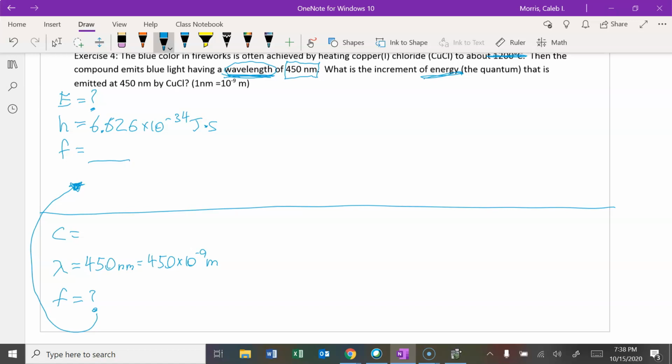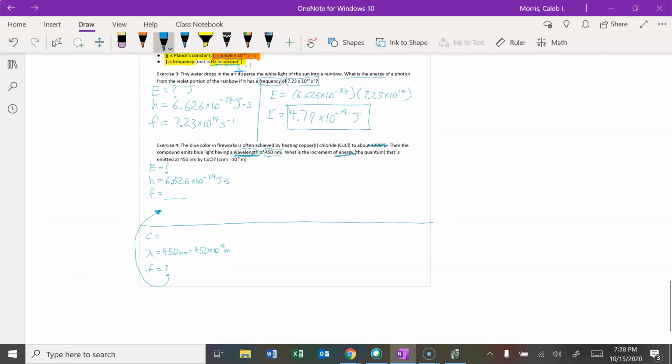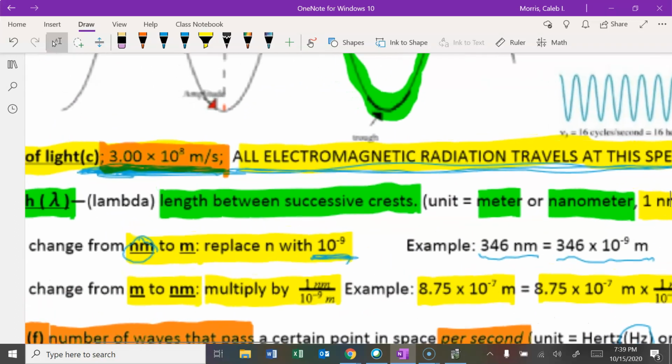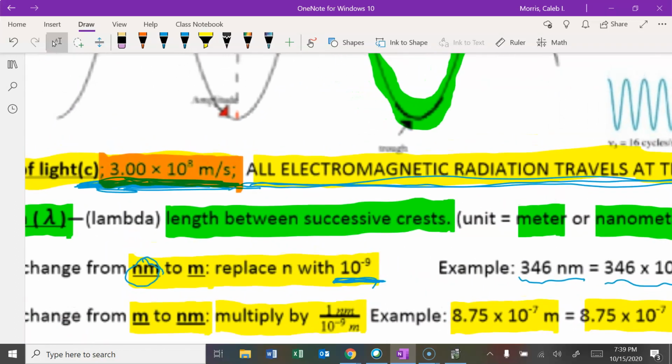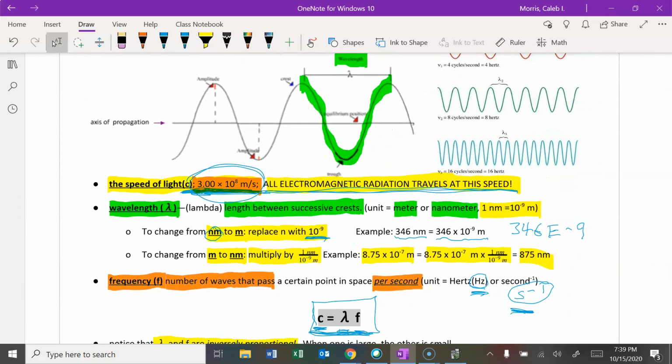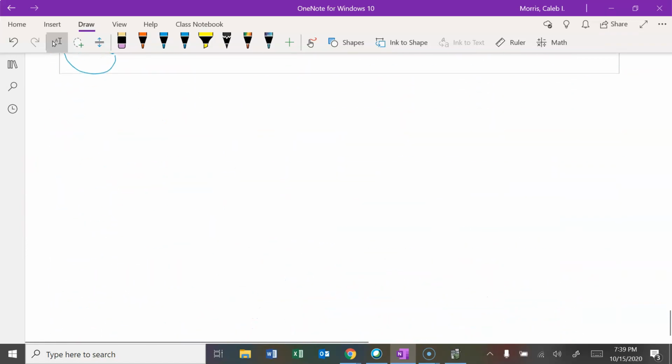And then c is always the same number, and we can go back up to our notes if we need to check. On the first page, c is always this number up here, 3.00 times 10 to the 8th meters per second.